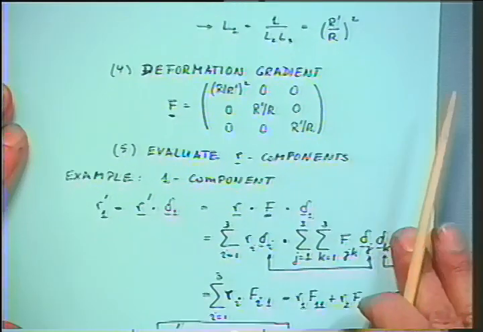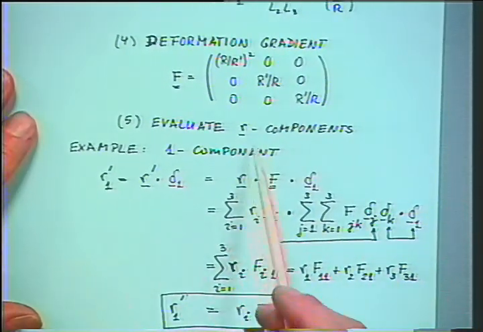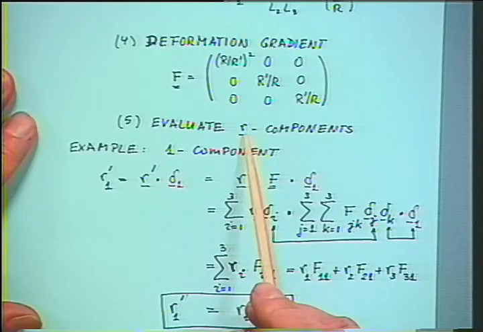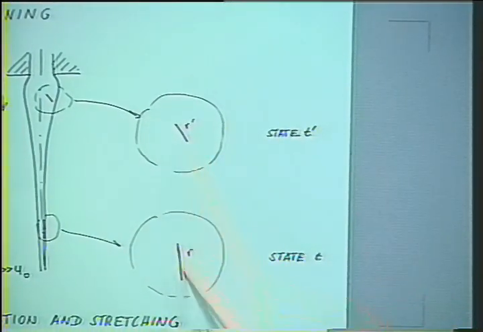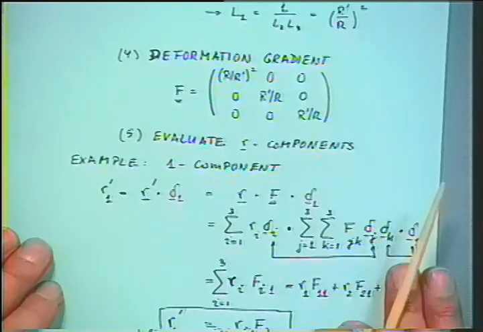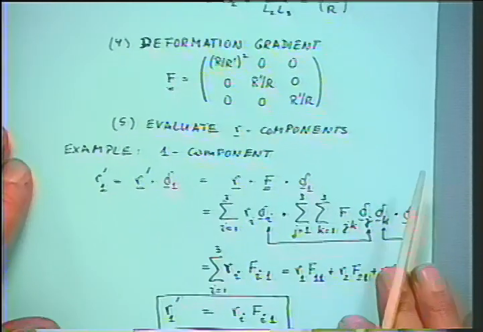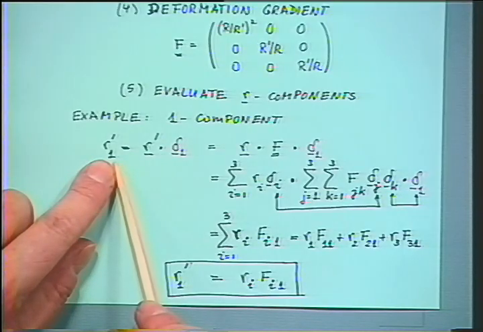And now we can examine the different components of the incremental material vector which we drew into our fiber. We want to know the components of those little vectors here. And we need 3 components, obviously, to describe those vectors fully. Okay, so let's look at component 1 of R prime.